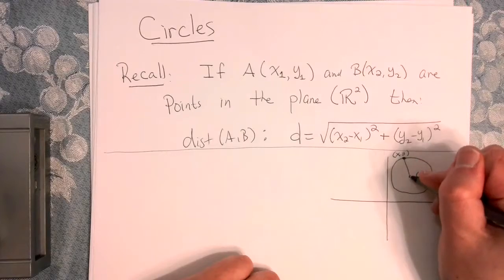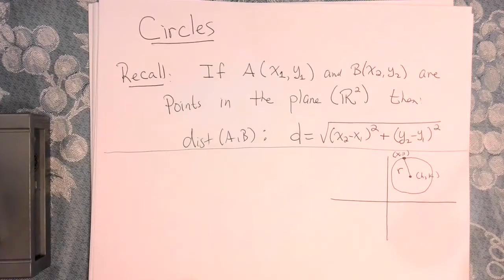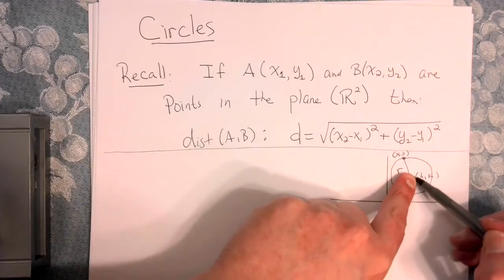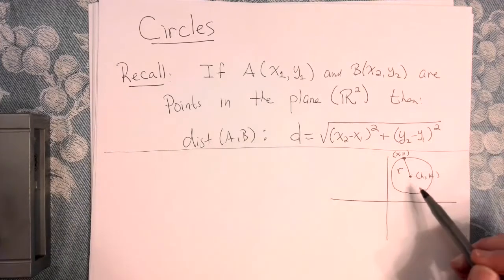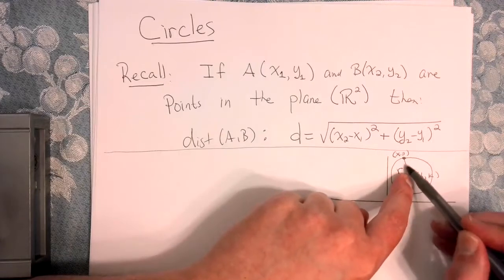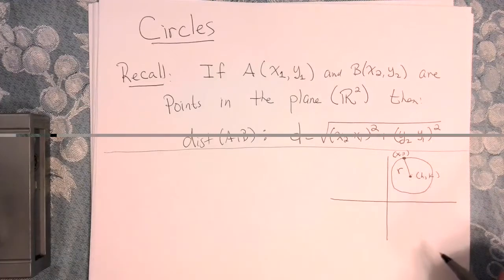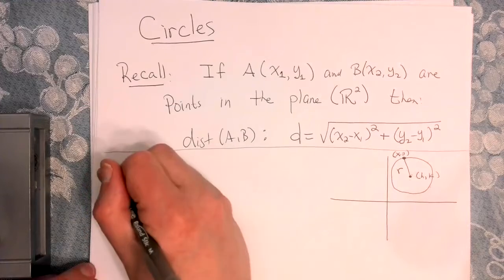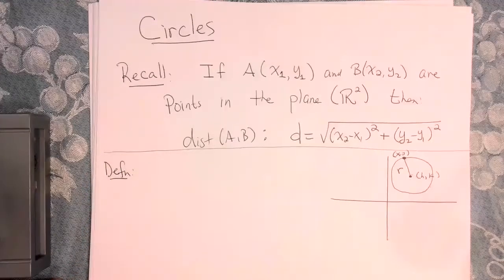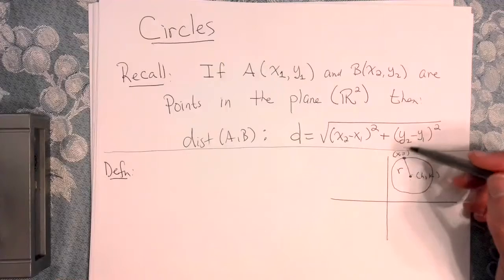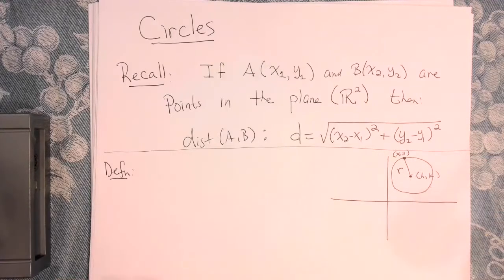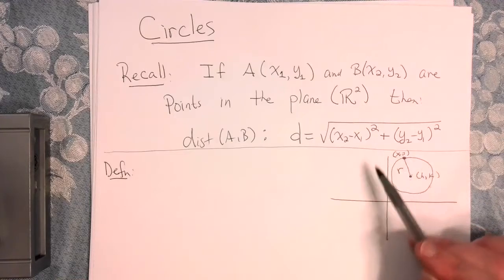Then this is exactly the radius of our circle. What you want to notice is that from the center, the radius is a fixed distance, and the circle is the set of all points that are this fixed distance r from the center. So if we're going to talk about this fixed distance r, it makes sense to have developed the distance formula before this.